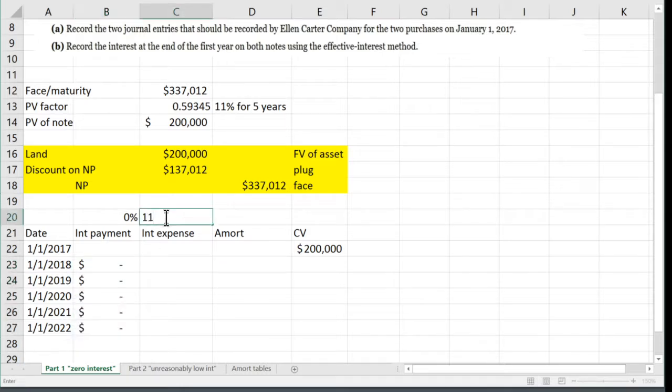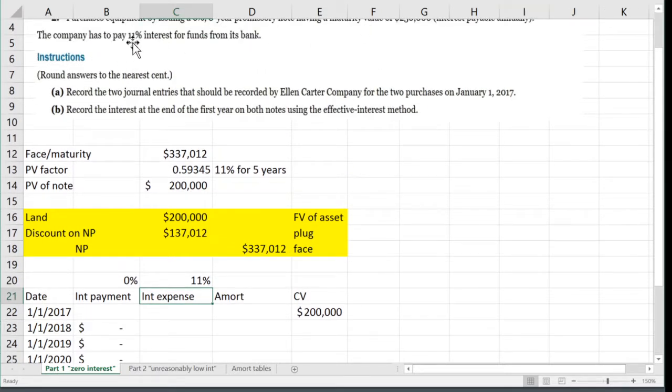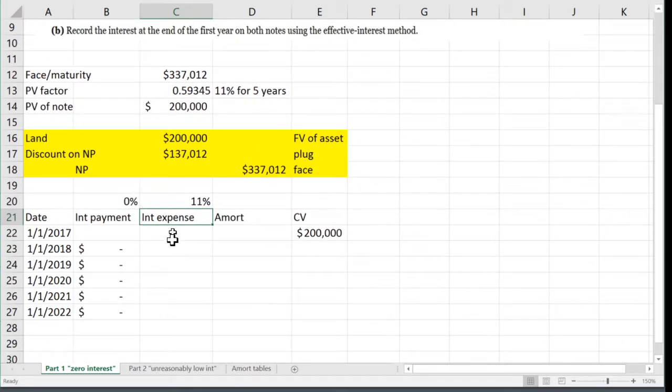Now, what's our actual interest expense? Well, just like with a bond, our interest expense is going to be based on the effective interest rate that we want to record as the right amount of interest for the liability on our balance sheet. So since we know that our actual interest rate is going to be 11%, we're going to record interest expense at 11% of the prior carrying value. Now, what's amortization?